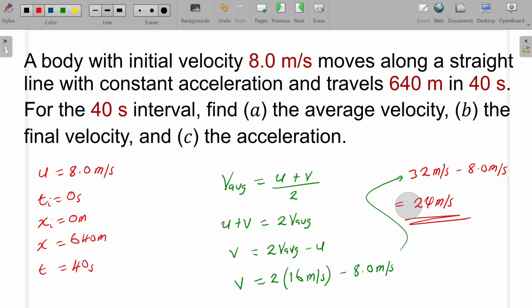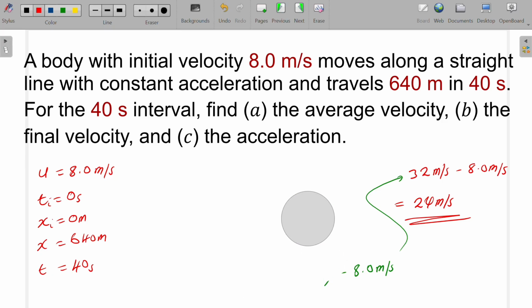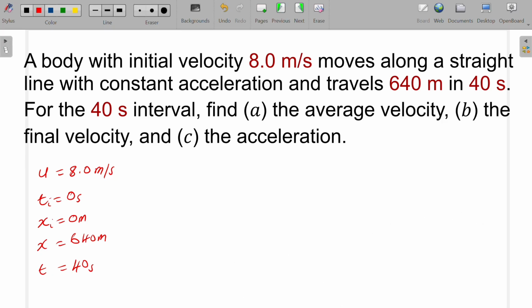All right, so let's look at the last one, that is finding the acceleration. How do we find this acceleration? From this formula that says V is equal to U plus AT. This is one of the 3 equations of linear motion. So making A the subject of the formula, which is acceleration, you find that acceleration will be equal to V minus U divided by T. So this is the formula that will help us find the acceleration.